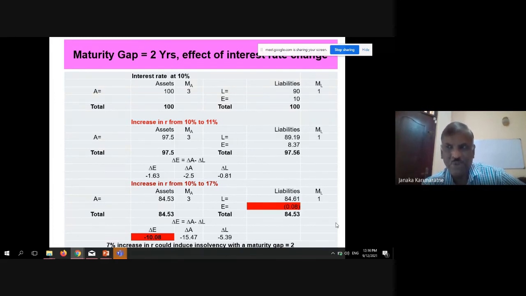Whether a bank or any institution, let's say a company, negative capital means more liabilities than assets. So technically insolvent. You have to declare bankruptcy. So that is the theoretical. But in a practical sense, what does this tell us? This tells the danger of interest rate movements.